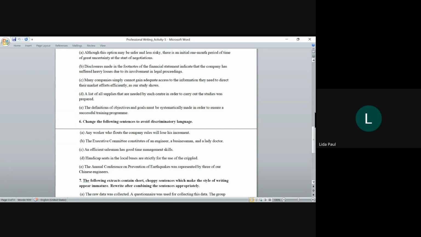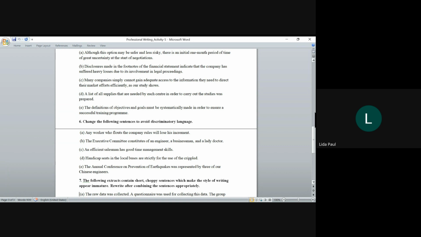Ma'am, what's the problem? We can use the employer instead of worker. Worker who flouts. Yeah, you can change worker. Yes, that's right. You can change worker to employee, right? So any employee who flouts the company rules will lose his increment.